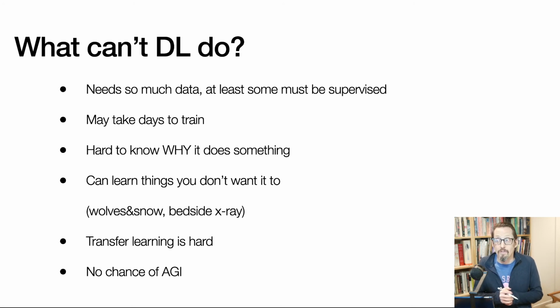The problem is the training data. The training data it was given was from really sick people and not so sick people. The not so sick people were taken to the regular x-ray machine. For the really, really sick people, they had to bring the x-ray machine to the bedside of the person in the intensive care unit. It's a different x-ray machine than the one that people were visiting down in the basement.